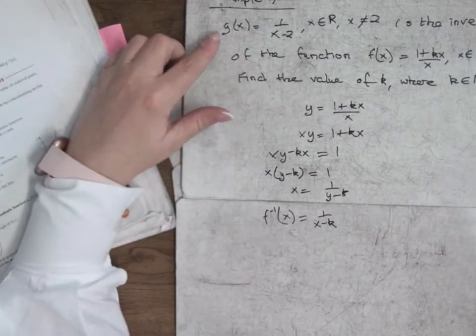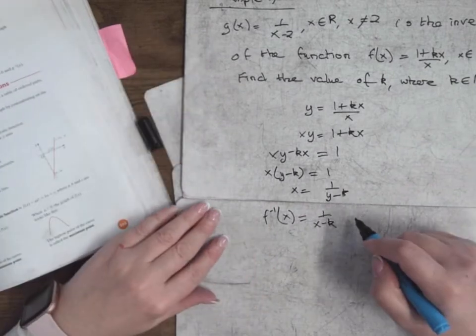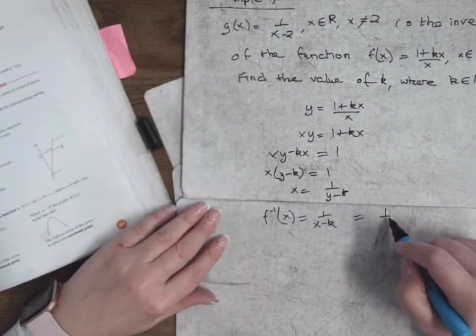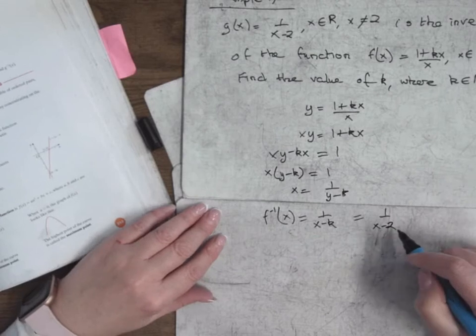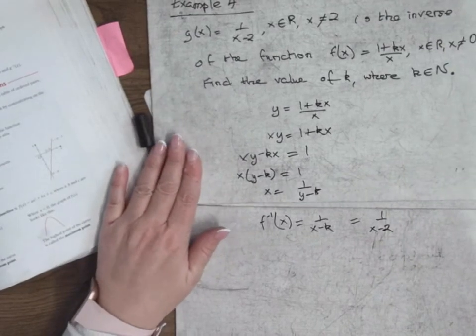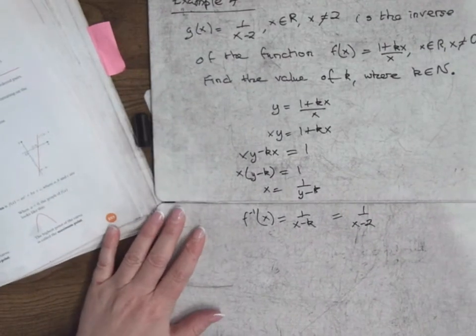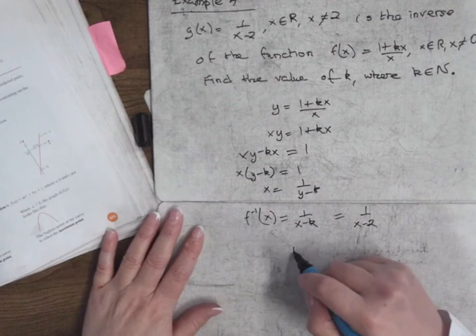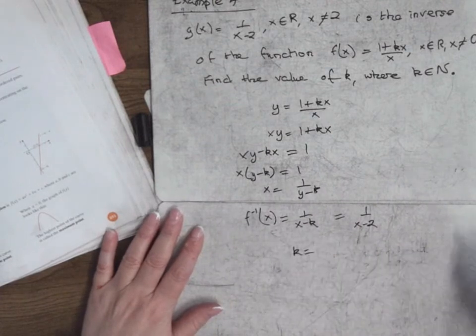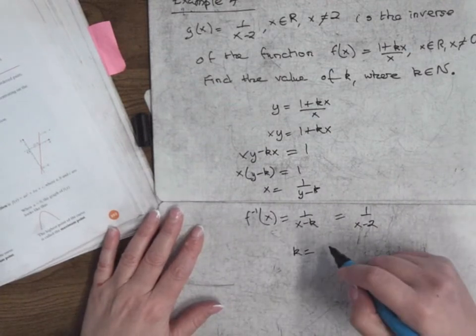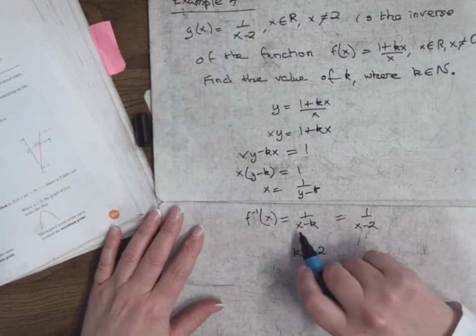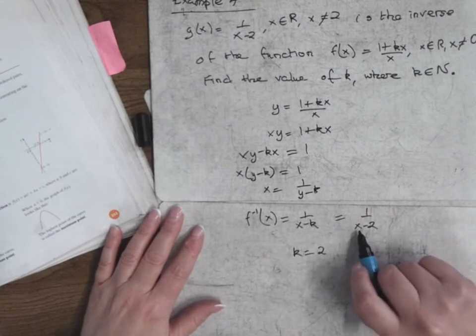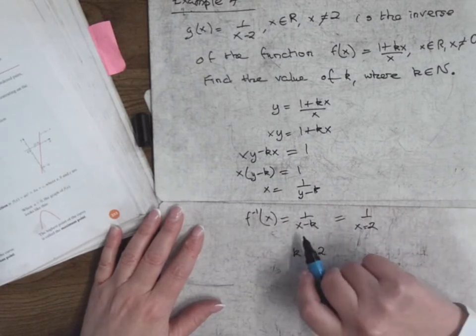But they told me the answer. They told me that the answer was 1 all over x minus 2. So they told me the answer in the question. So what does k equal to? 2, isn't it? So it was x minus k, and they told me the answer was 1 all over x minus 2.